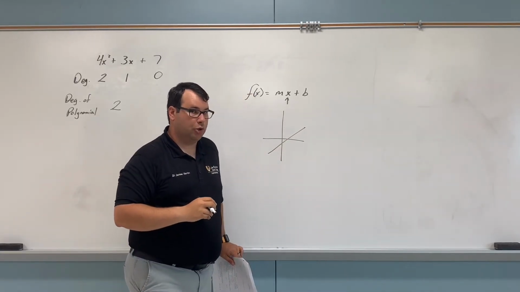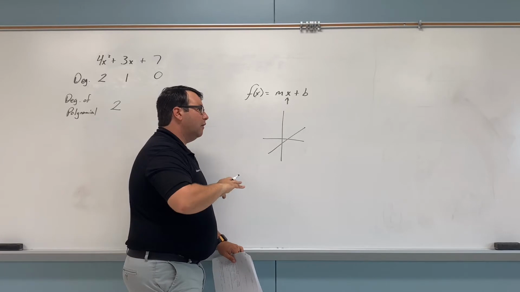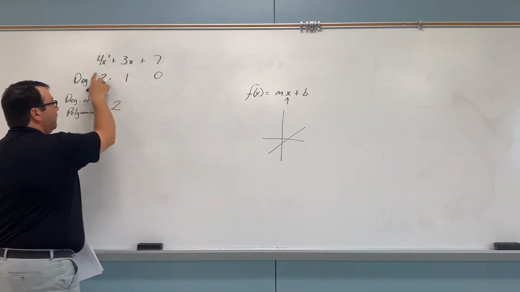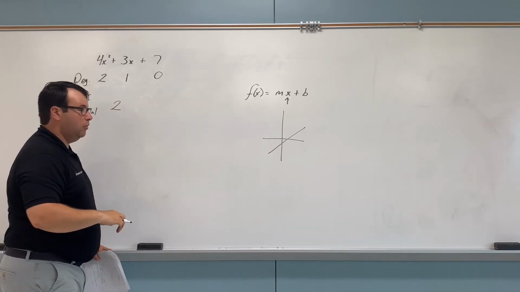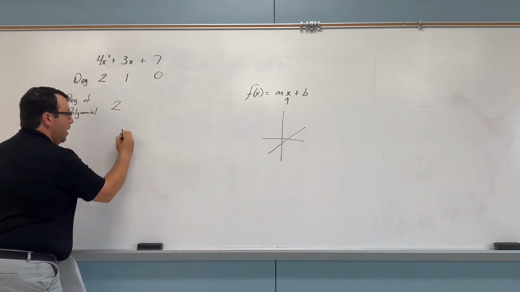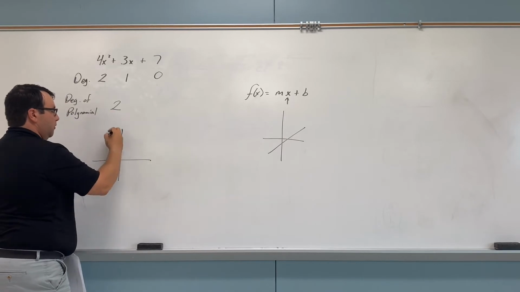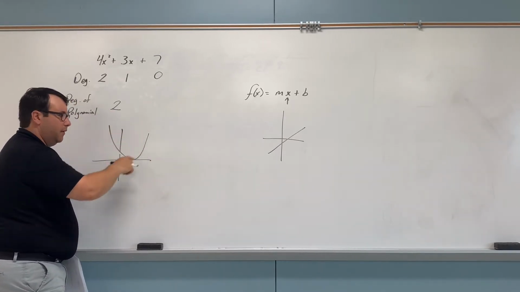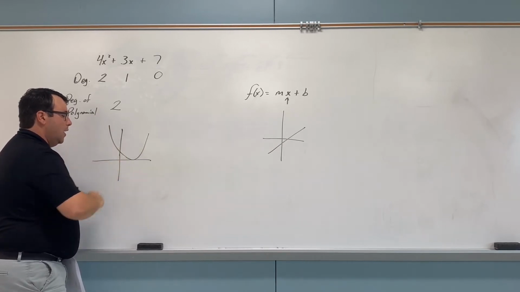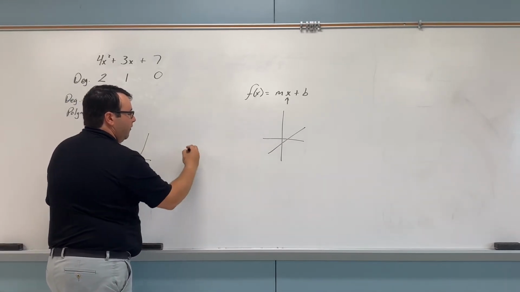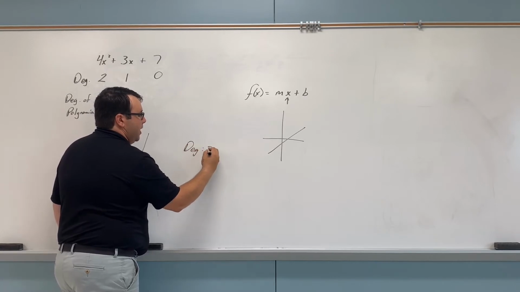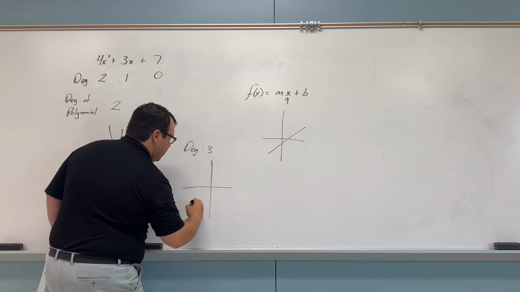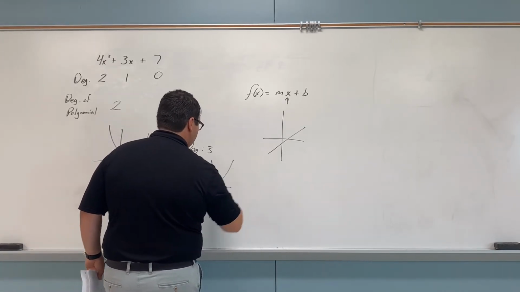And if you think about what a line looks like, a line has no curvature. So as I start to increase my degree values, this is a second degree polynomial, as I can see right here, a second degree polynomial curves. It's like a U shape, a parabola is what we call it. Let's say I have a degree of 3, just to give you an idea here. A degree of 3 starts to do this.